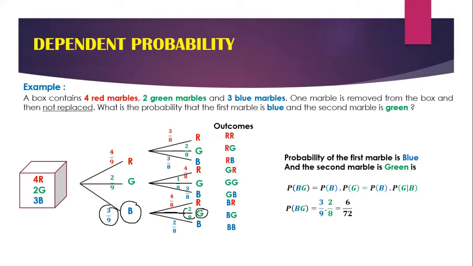So we have probability 2 over 8. So this is the way of dependent probability. Blue, green. Now we have 6 over 72.